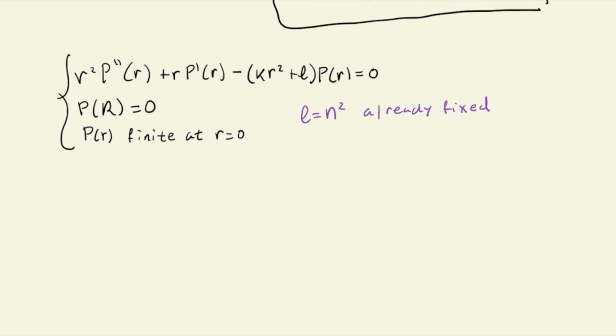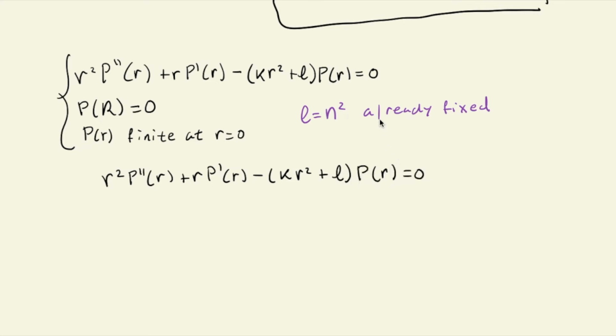And then this turns into the equation r squared p'' plus r p' minus (k r squared plus n squared) p of r equals 0.